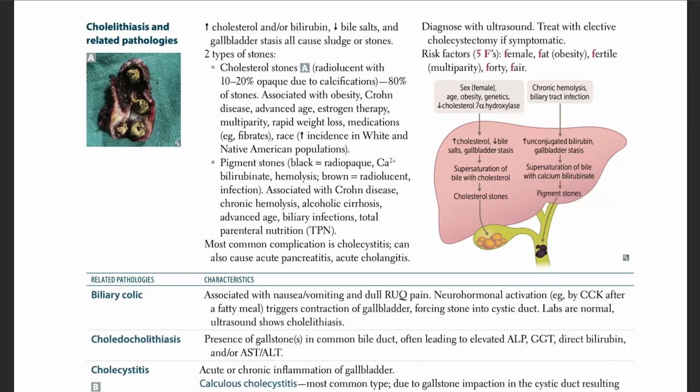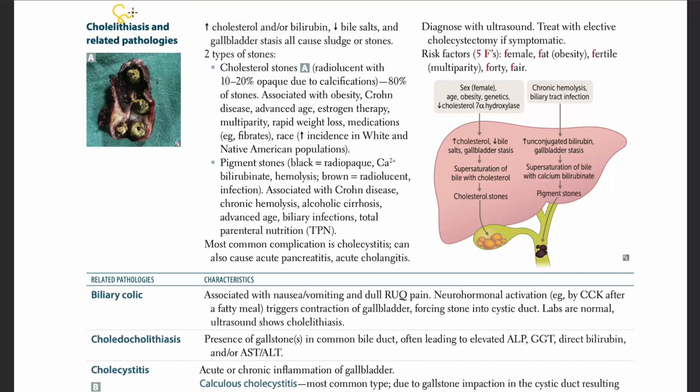Now let's talk about cholelithiasis and related pathologies. Cholelithiasis, gallbladder lithiasis, stones, GB stones: an increase in cholesterol and/or bilirubin. Wait, let's just go back a little bit.